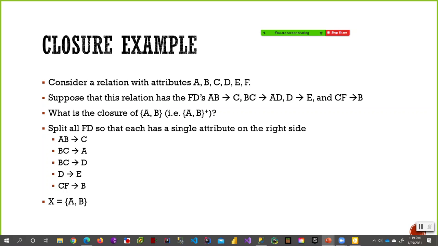You can choose any set of attributes from the relation to compute the closure, and the result will be the same. Not that the closure of every one of them is going to be the same, but what you find out by producing the closure is the same regardless of how many attributes you're computing the closure for or what those attributes are compared to the rest of the attributes inside of the relation.